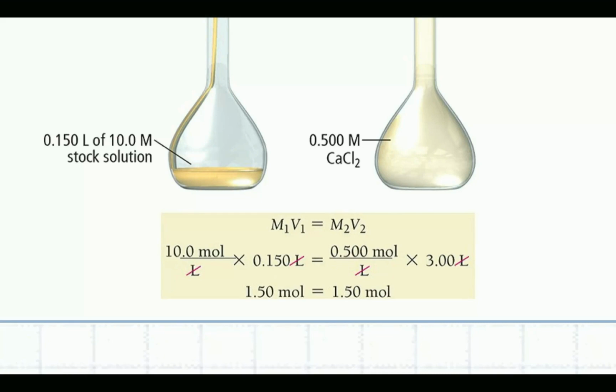So if I want 1.5 moles, how many liters of this 10 molar solution do I need to add? It ends up being 10 times 0.15, and that equals 1.5 moles. So we're just calculating how I get 1.5 moles of this solution.